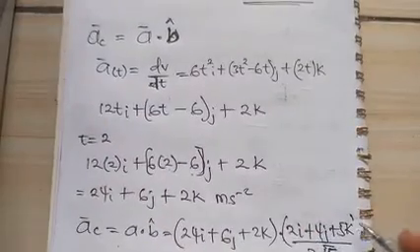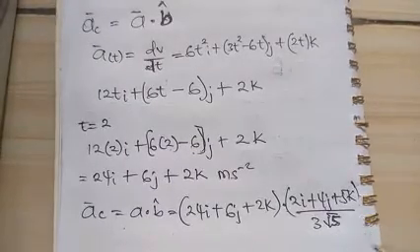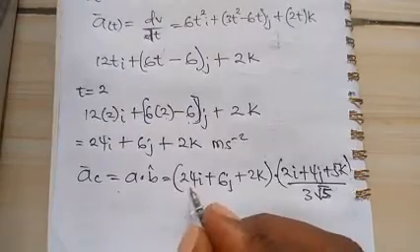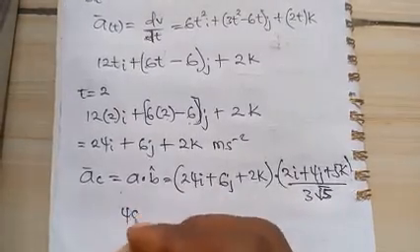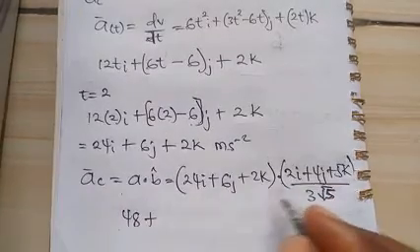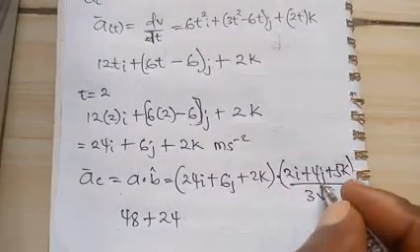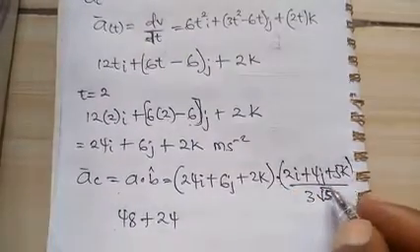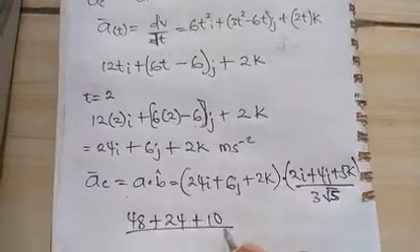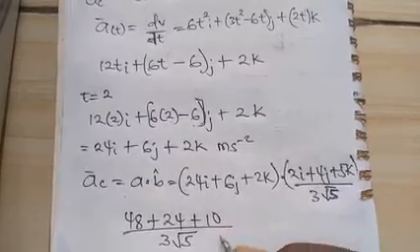So if we dot i to i, j to j, and k to k, what we're going to have is 24 times 2 is 48, i dot i is 1, 6 times 4 is 24, j dot j is 1, 2 times 5 is 10, k dot k is 1, all over 3 root 5.